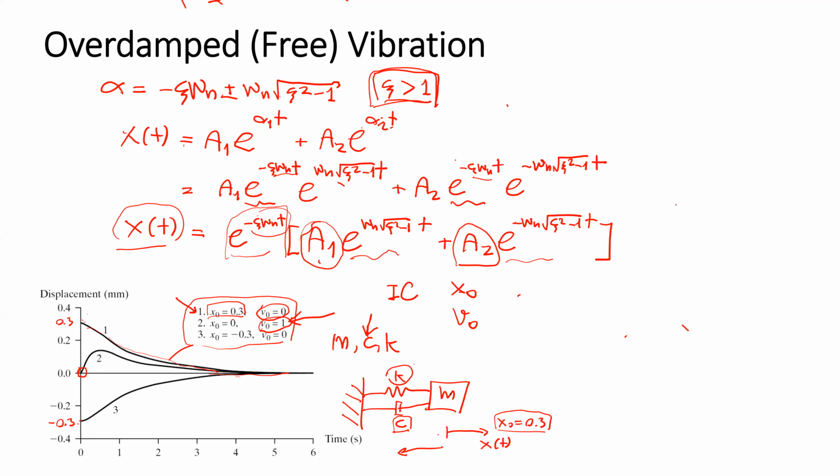The mass has the velocity to the right-hand side at time equal to 0, and it passes x equal to 0 at time equal to 0. When it goes to the right-hand side, the spring tries to pull it back to the equilibrium. The force due to the damper goes in the opposite direction to the velocity.